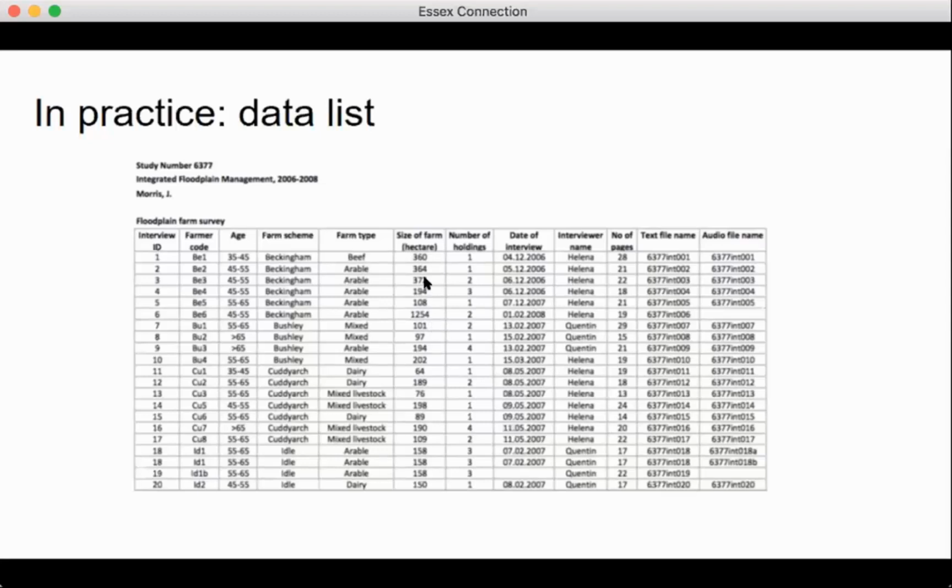They can come here and see which ones satisfy that condition, and then we have the file name, so they know exactly where to go and find that. They don't have to open every single file and see the farm size. So it's just an easier way to have a record of the files in the collection.